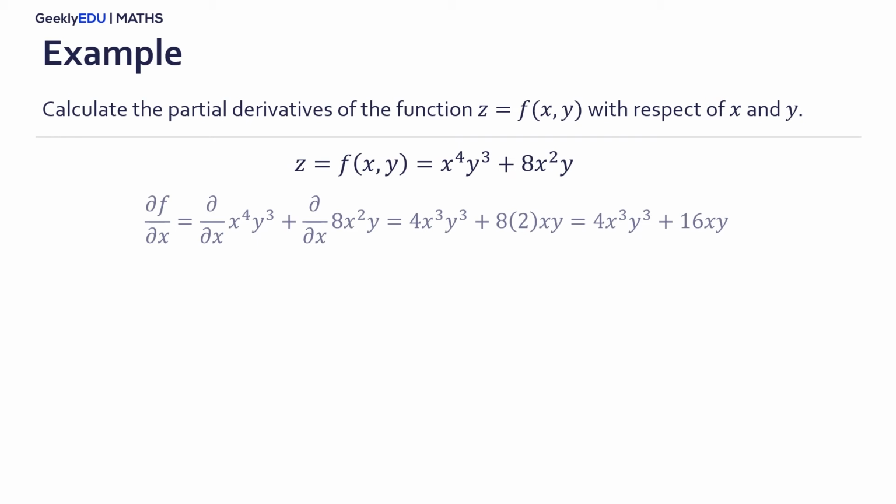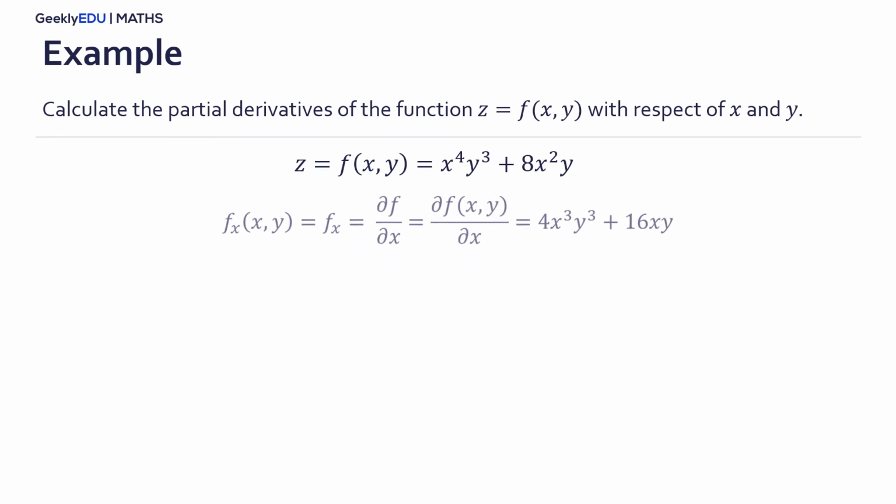Another thing to remember is that we can use different notations. You don't have to write them all, but I am going to do it so you don't forget it. Now, we will derivate the function with respect to y, using the addition rule and also the power rule.